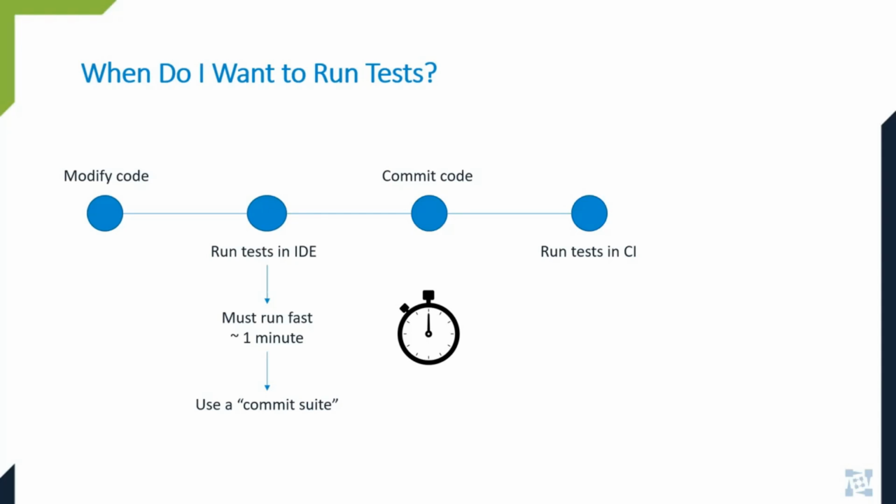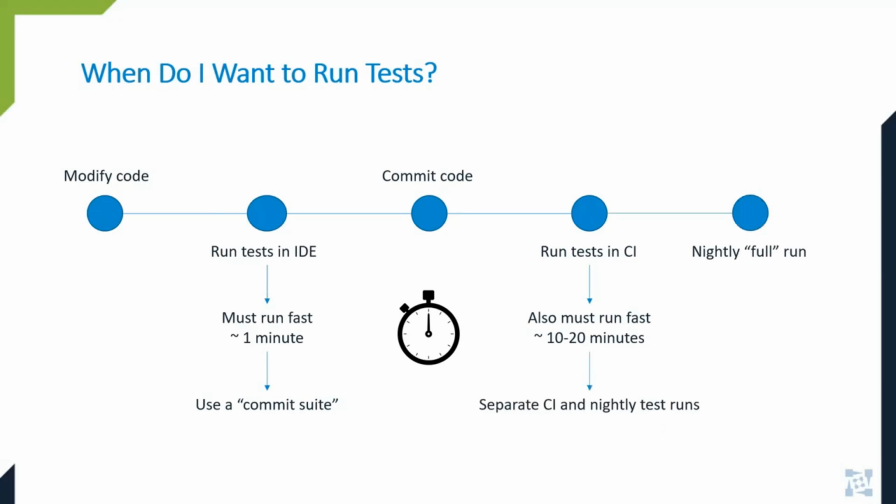So the next opportunity that I have to run tests is in my CI, my continuous integration build. Now, that could run all the unit tests as well, but once again, that's probably going to take a really long time. So most people say that should run a subset of tests. It should be fairly fast, 10 to 20 minutes. But it's not unheard of that it can take hours and hours.